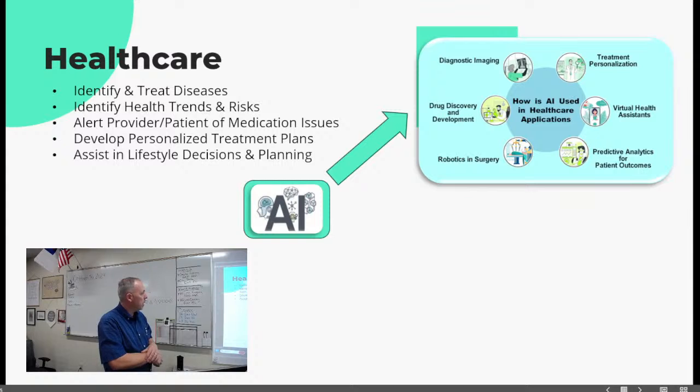Can it identify and treat disease, identify health trends and risks, alert the provider and the patient of medication issues, develop a personalized treatment plan, and assist lifestyle decision planning.